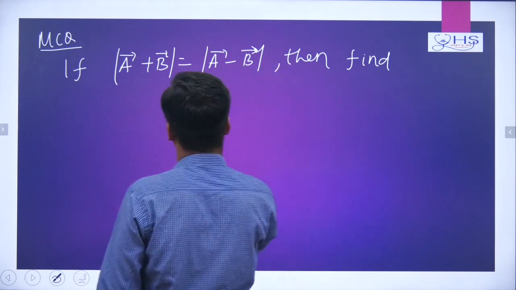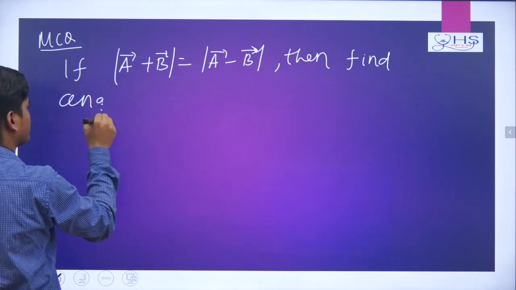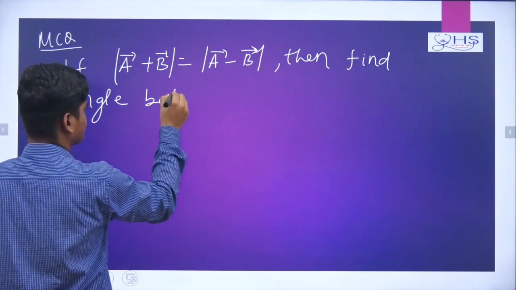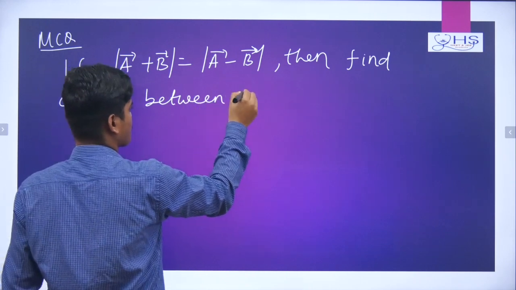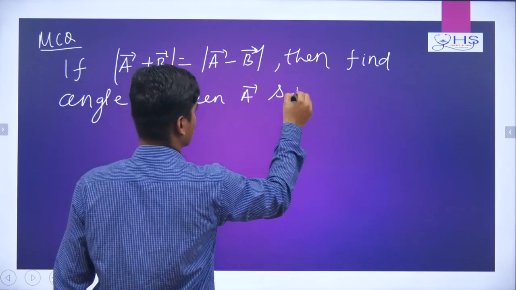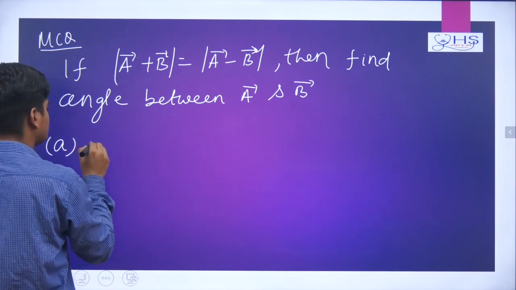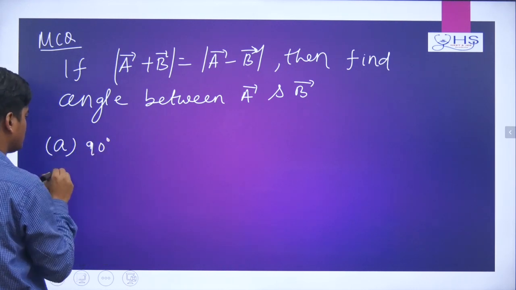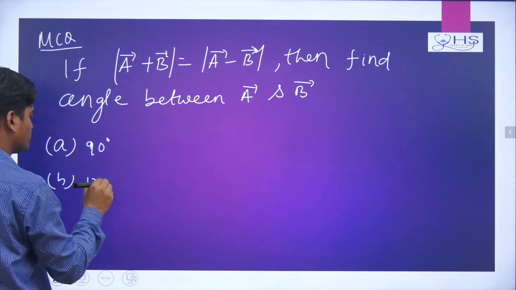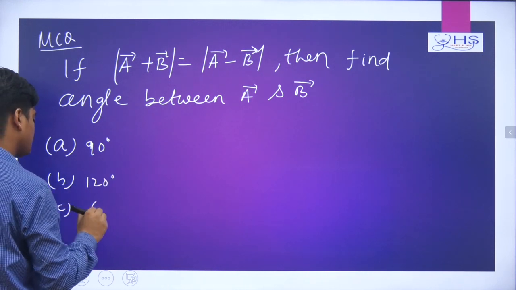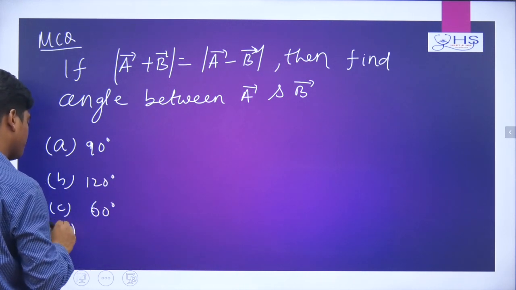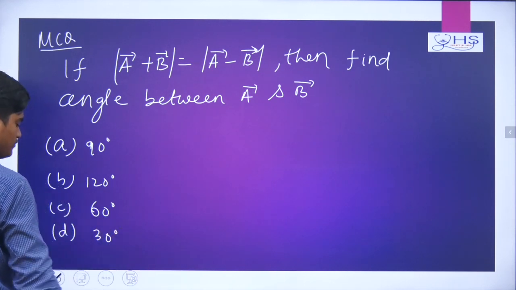Options: A, 90 degree; B, 120 degree; C, 60 degree; D, 30 degree.